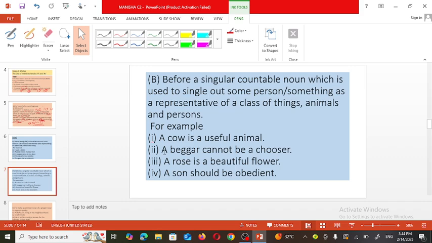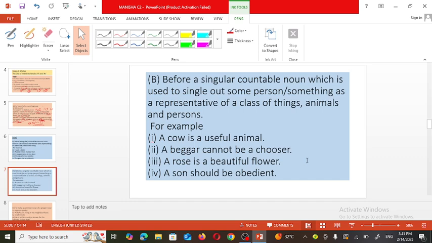For example, a cow is a useful animal. Here, cow means any cow, means all cows. Any cow from that category, that animal is useful. So here, article A is used before cow. Next one, a beggar cannot be a chooser.